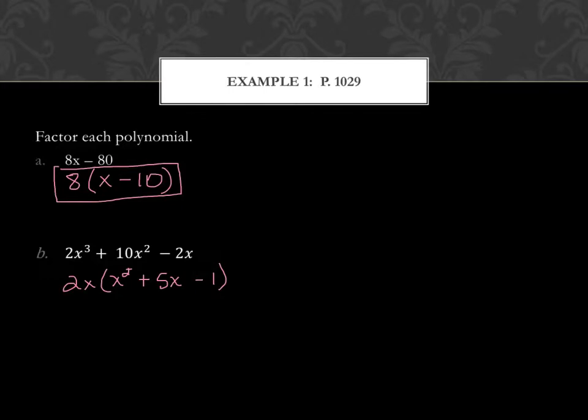Now I have a trinomial, x squared plus 5x minus 1, and I have a minus 1, so it can't be a perfect square, so I'm going to factor that by finding something that multiplies to negative 1 and adds to 5, and there's nothing that's going to give me that. So this is my factored form.